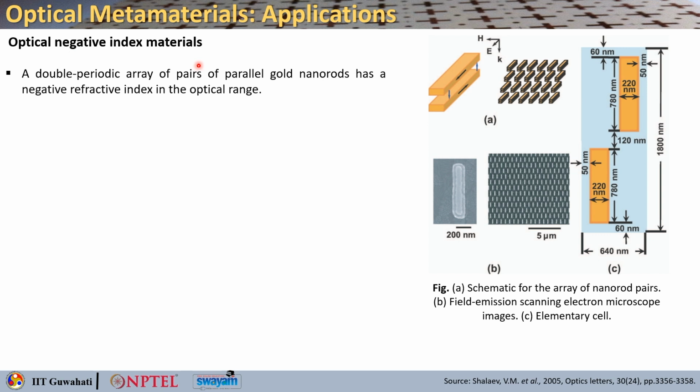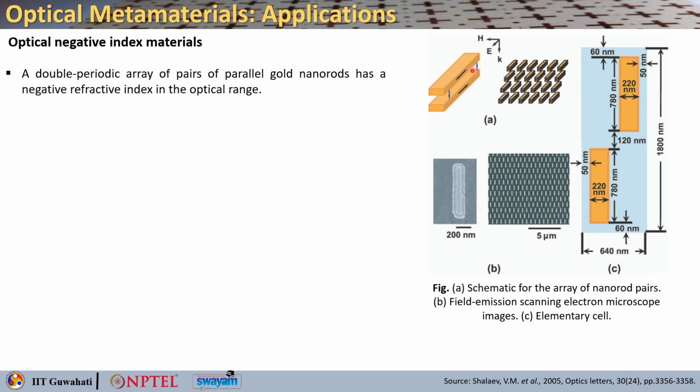So, if you think of optical negative index material, you can use a double periodic array of pairs of parallel gold nanorods. Here you can see the polarization current goes in this direction and opposite in the other gold nanorod.